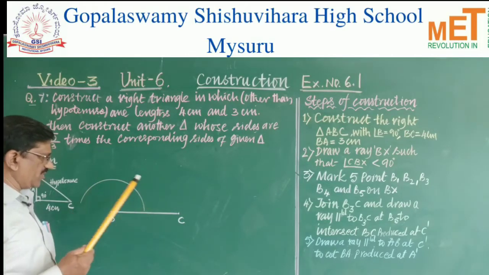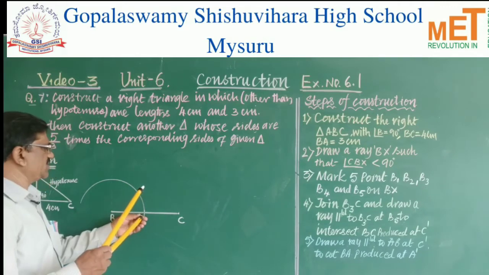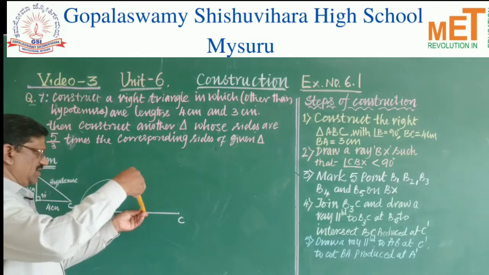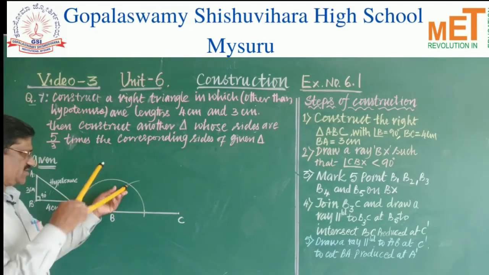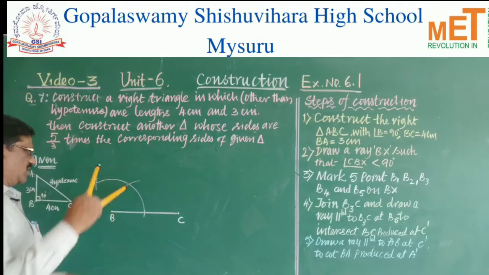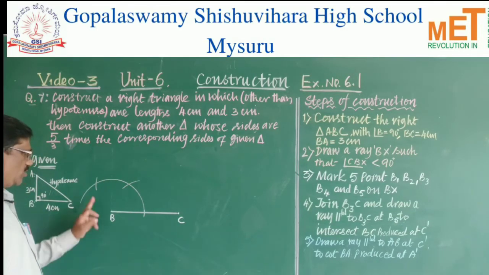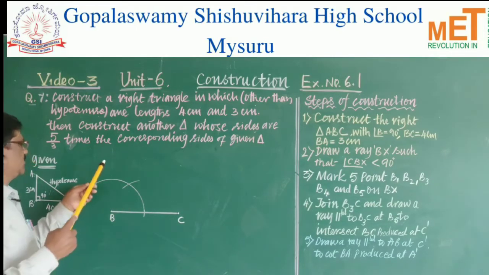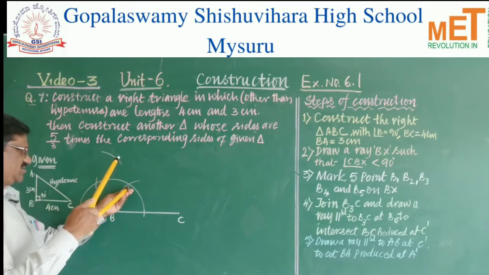With these 2 points, with this point as center, without changing the radius, draw an arc. With this point as a center, draw another arc to cut this semicircle. Now, with these 2 points as centers, with the same radius, draw arcs like this.